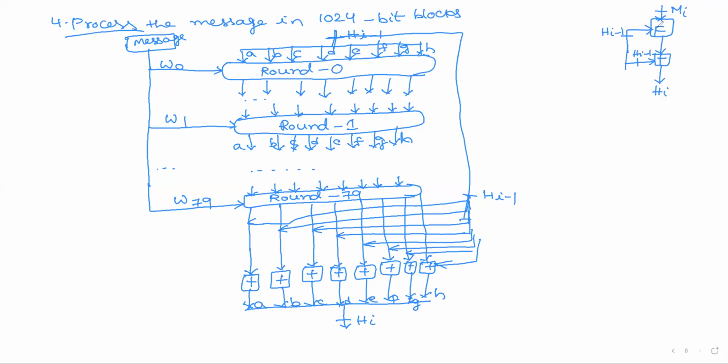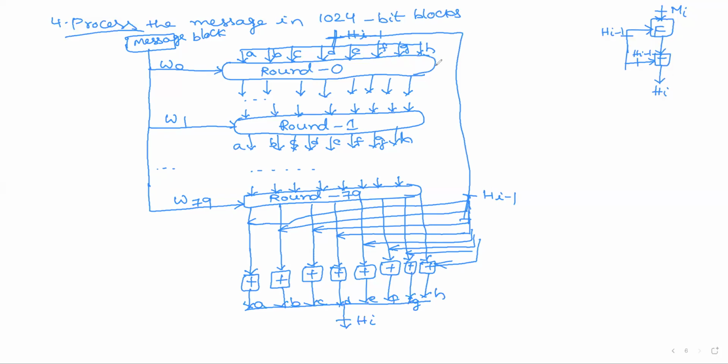About this round function F, totally 80 rounds are there starting from 0 to 79, and between every two rounds, what will happen and how we will get these 80 words from the message block. This is the message block. How to get those 80 words is also important.